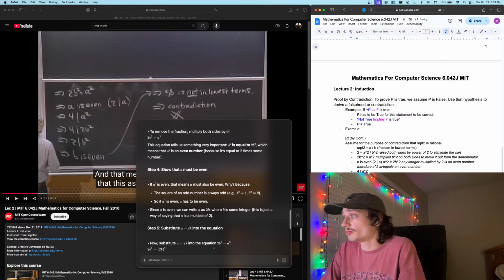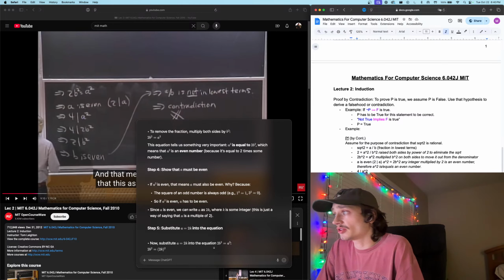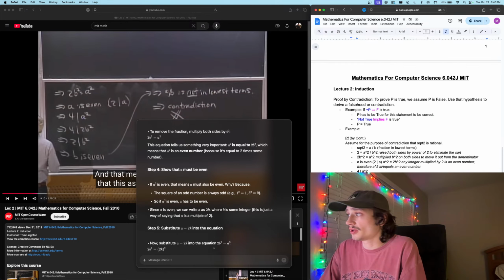Right? So if 2 times b squared is an even number, then that is equal to a squared, so a squared is also an even number. If a squared is even, then a is even.